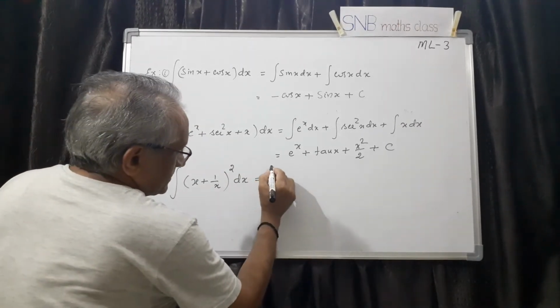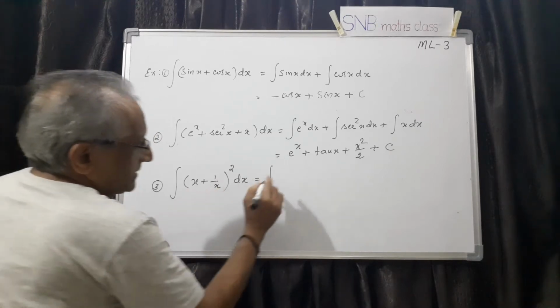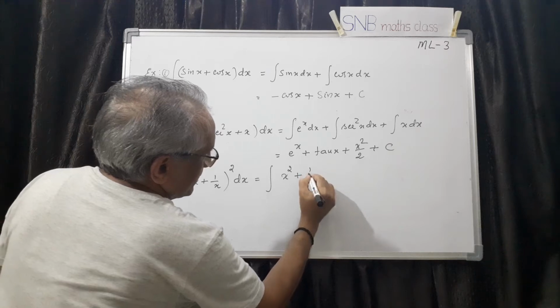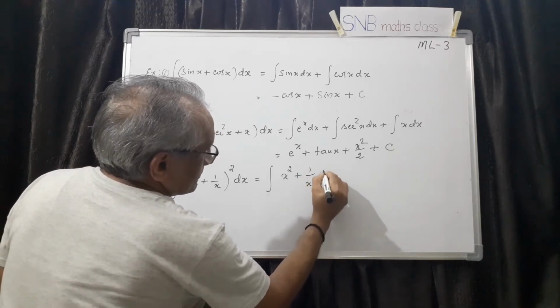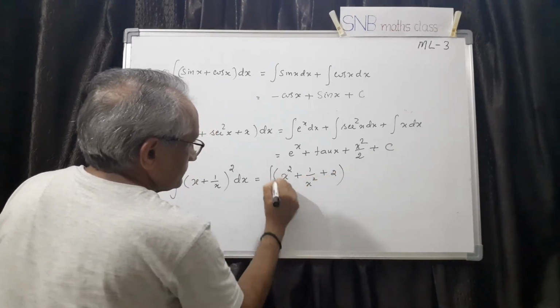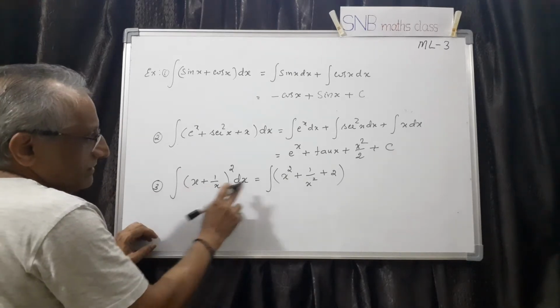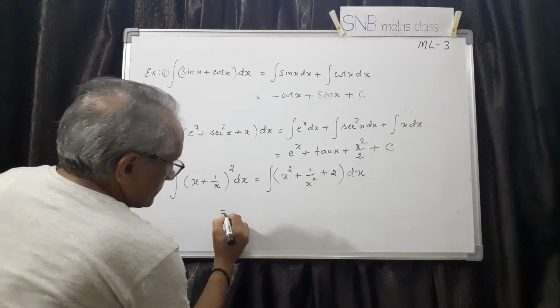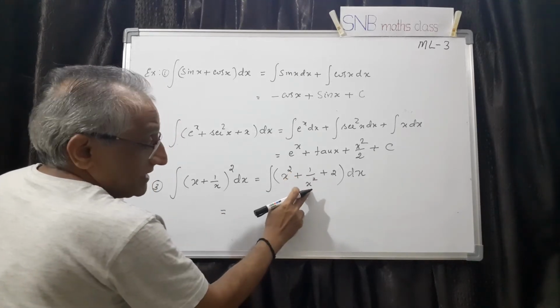So what you have to do is, when you simplify this one, it is x square plus 1 by x square plus 2. a square plus b square plus 2ab. So then dx. Now 1 by x square also can be integrated.